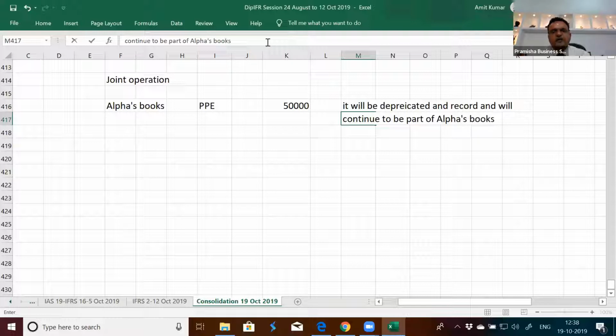So this machinery is working on this joint operation, but it continues to remain an asset of the entity. It's already recorded as part of the books. We do not need to do anything.